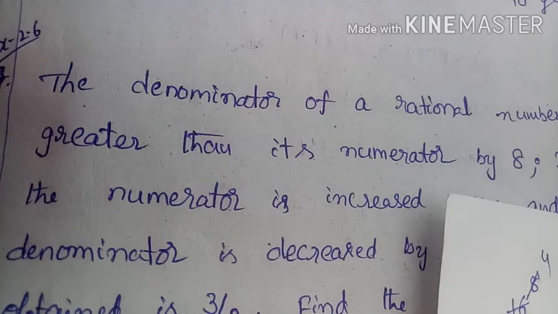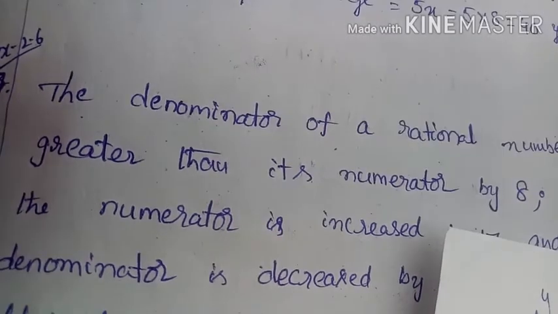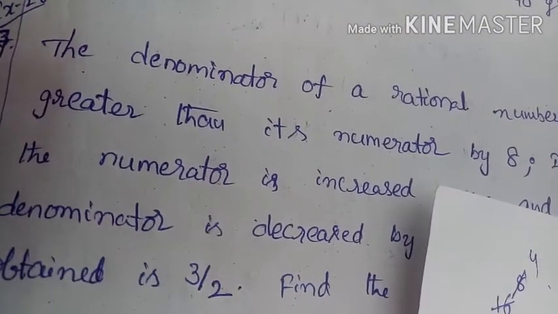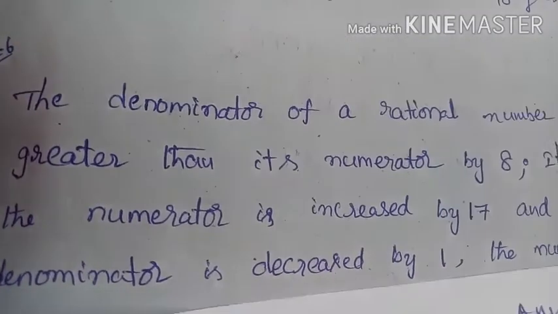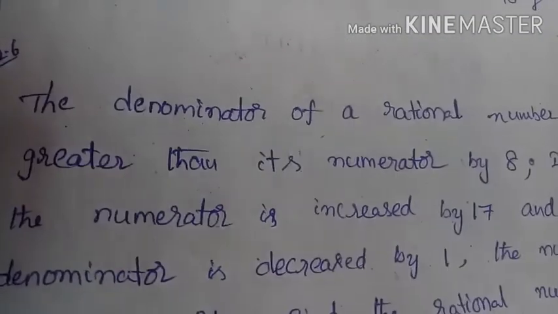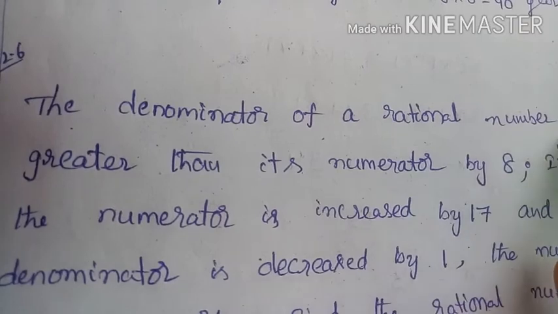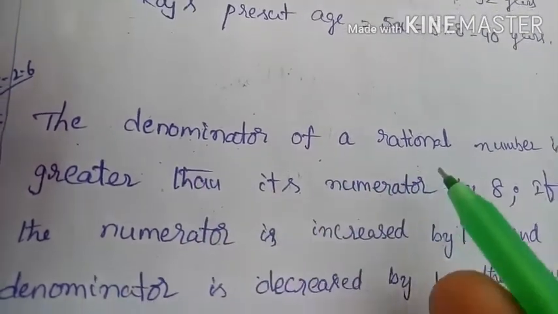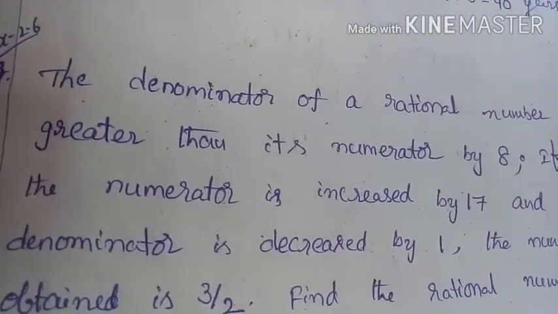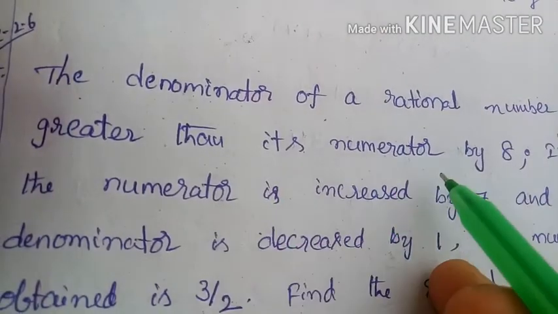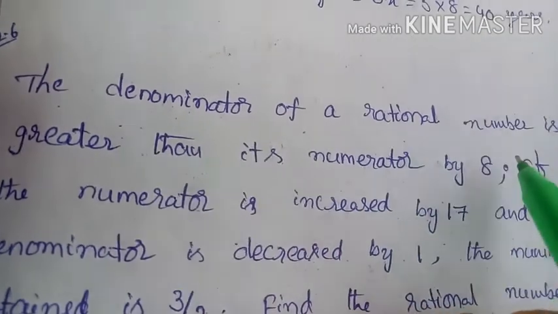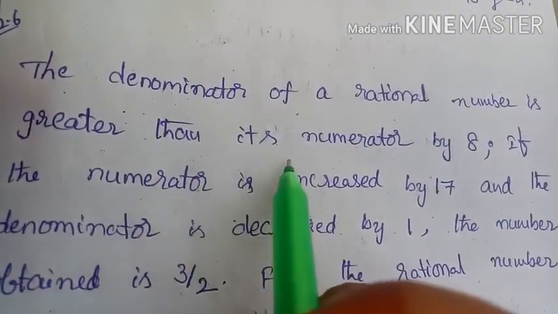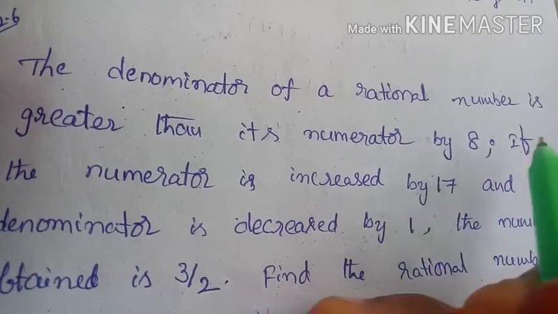Okay, so in exercise 2.6, another sum is there, that is the 7th sum. What is that? The denominator of a rational number is greater than its numerator by 8.